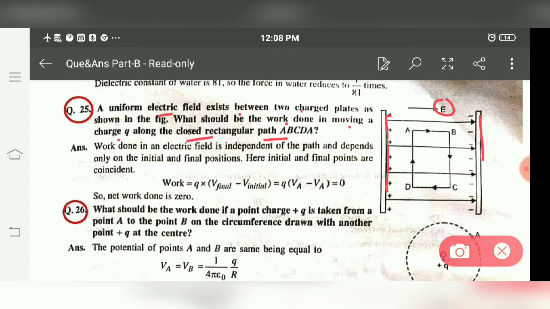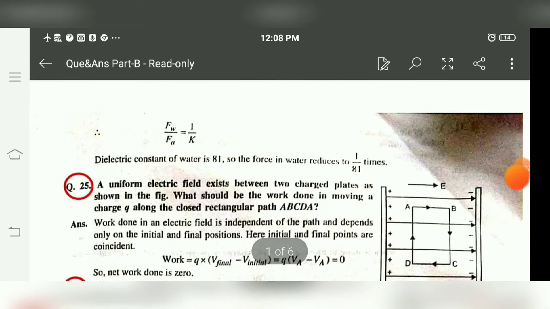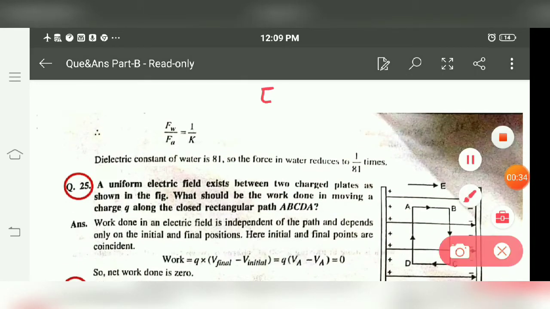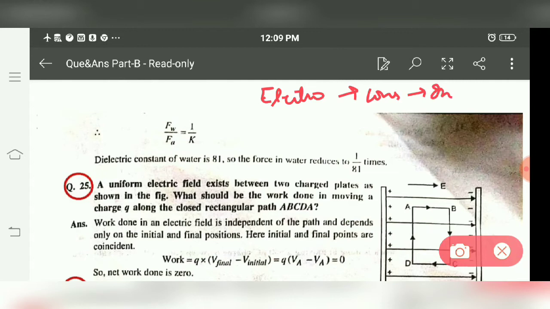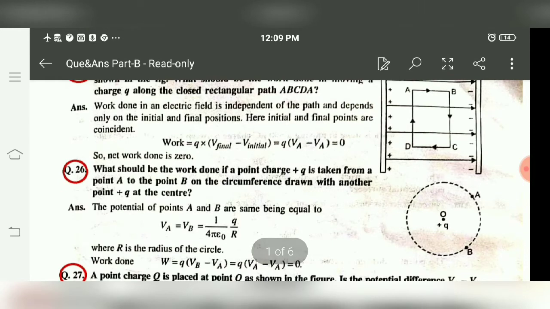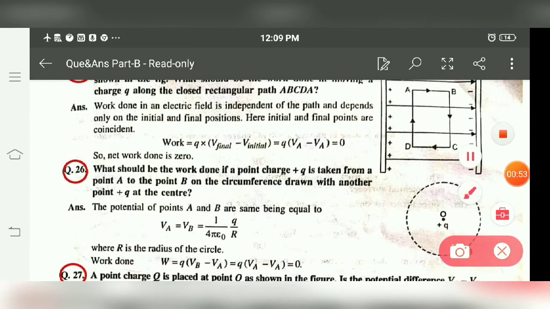If it is conservative in nature, work done depends upon the initial and final position, but is independent of the path followed. If the path is closed, then work done is always zero. So that's why work done is zero here.